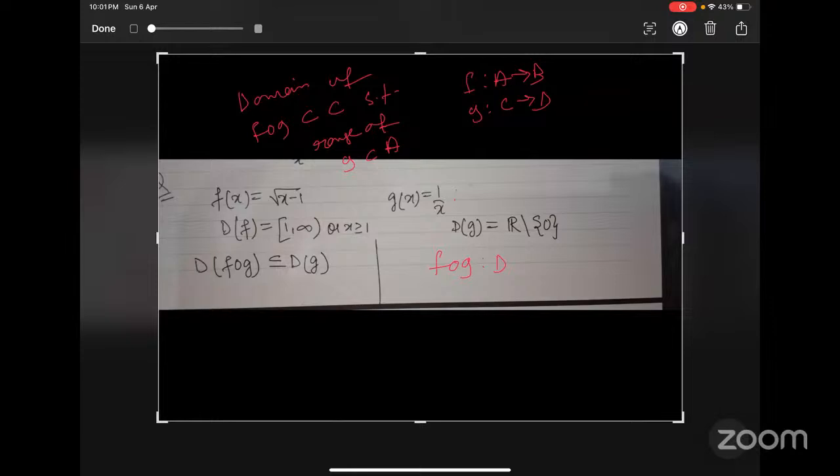What is the domain of g? All real numbers except 0, R minus 0. And what is the range of g? Minus infinity to infinity. Are you sure? Think about it twice. Can I find 0 for any x except 0?